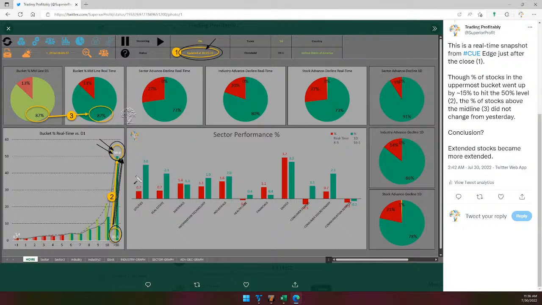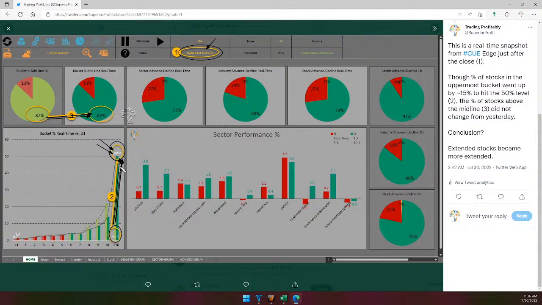So many stocks went above the upper Bollinger Band. However, the percentage of stocks above the mid Bollinger Band did not change from Thursday to Friday, while the percentage above the upper Bollinger Band jumped by more than 15%.